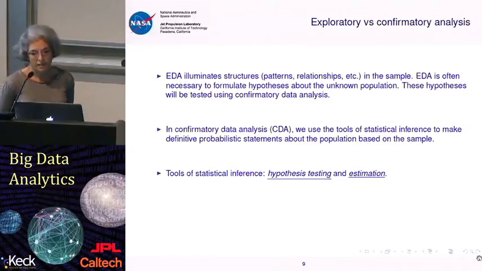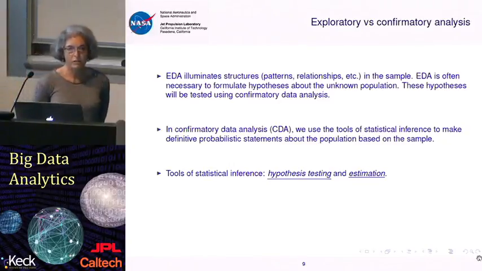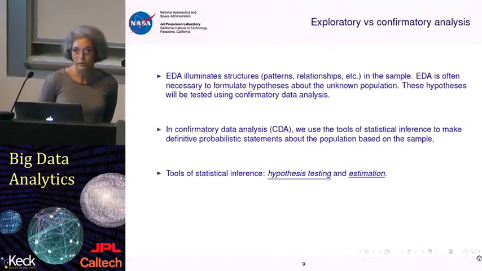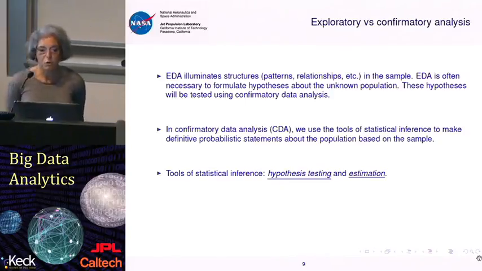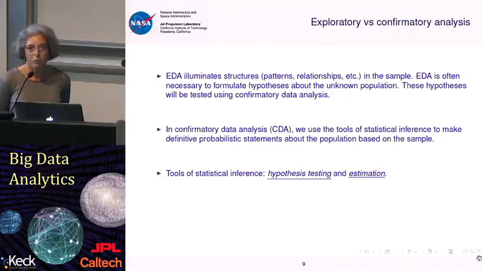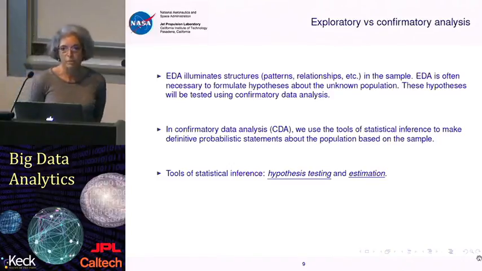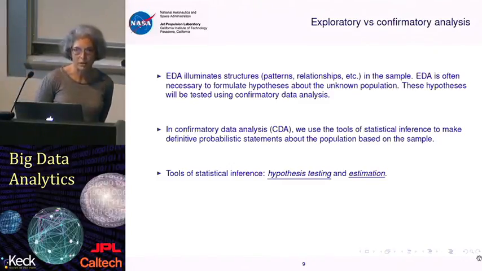In confirmatory data analysis, we use the tools of statistical inference to make definitive probabilistic statements about the population based on what we learned from the sample. And I'll throw out the notion that there are two tools of statistical inference, and it turns out that these are really flip sides of the same thing, hypothesis testing and estimation. And I'm not going to talk about hypothesis testing in these lectures, just about estimation.